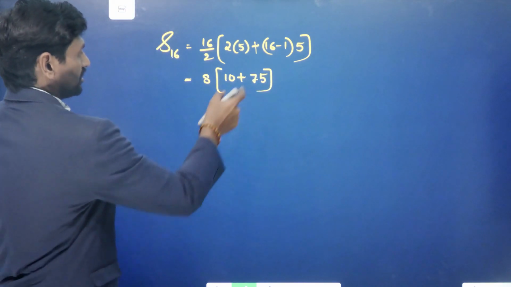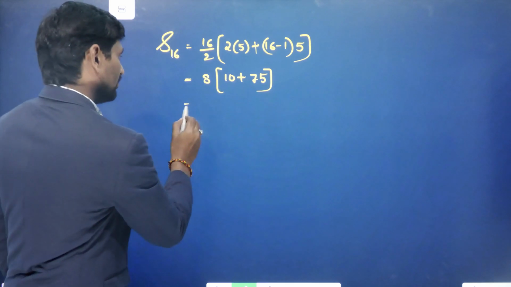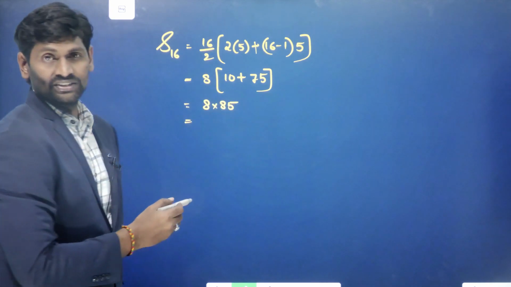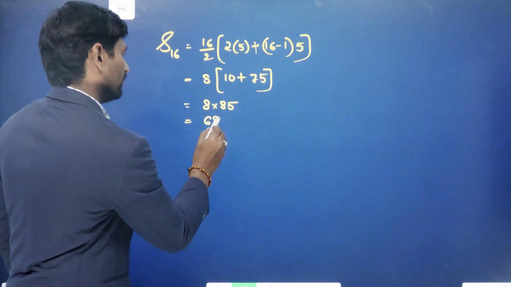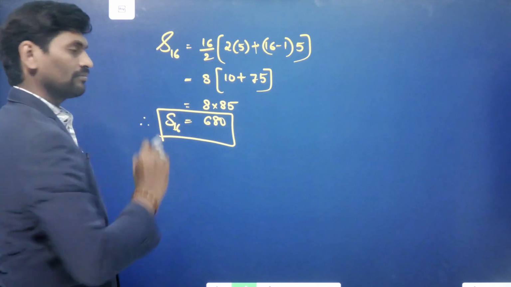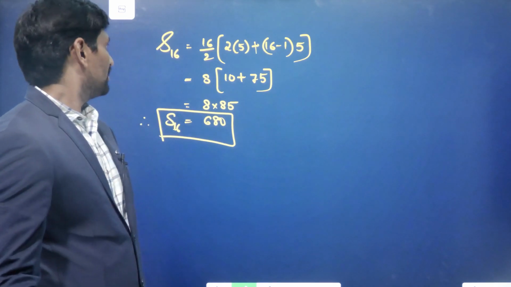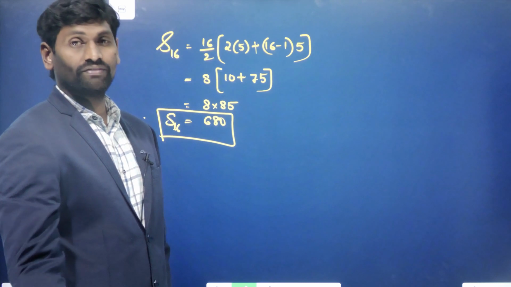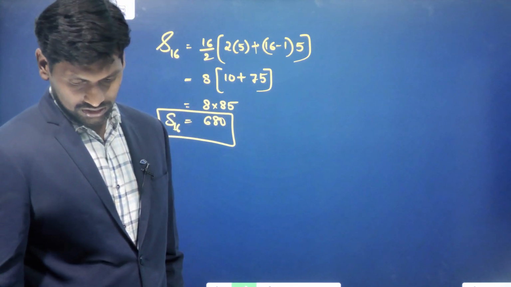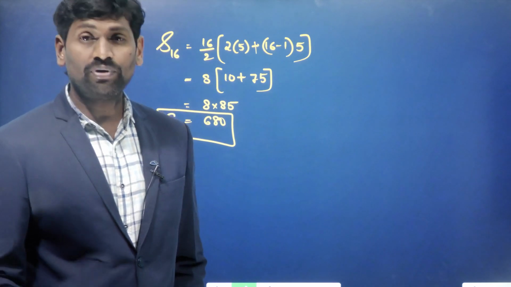Okay? So 75 plus 10 is 85. So we should multiply with 8. So 8 8s are 640, 680 will be our required answer, S16. Okay? Sum of 16 terms of the given series. Let us go to problem number 19. Okay.